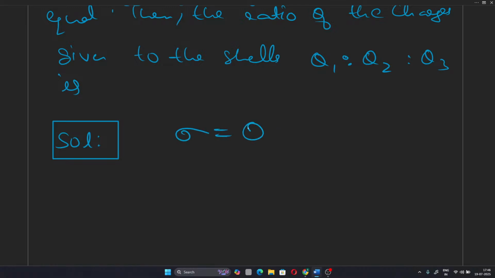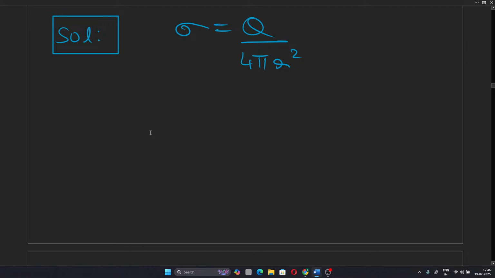Sigma equals q by area, which in case of a spherical shell is 4 pi r square. So sigma is given to be equal, so it is q1 by 4 pi r square.